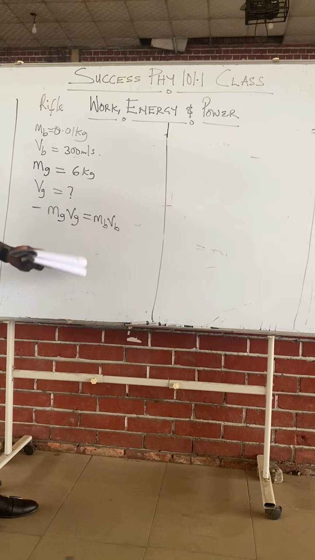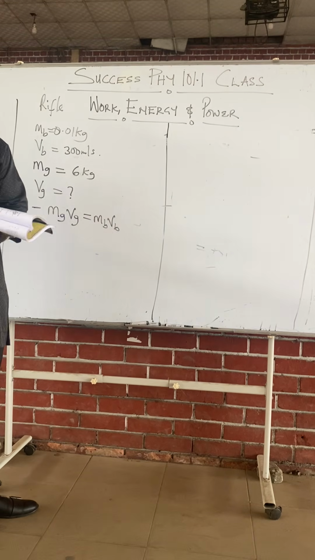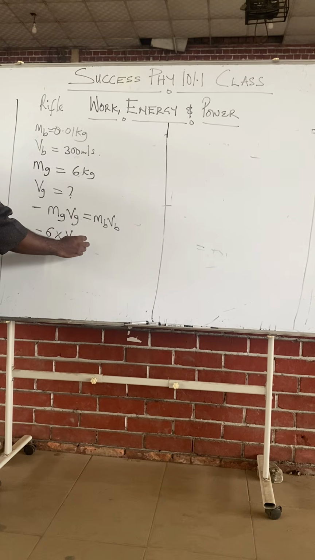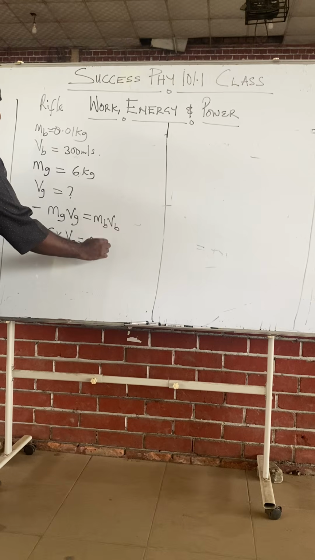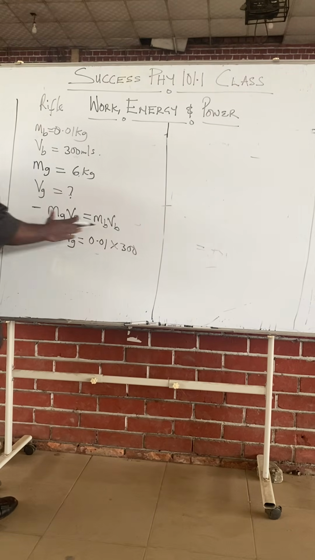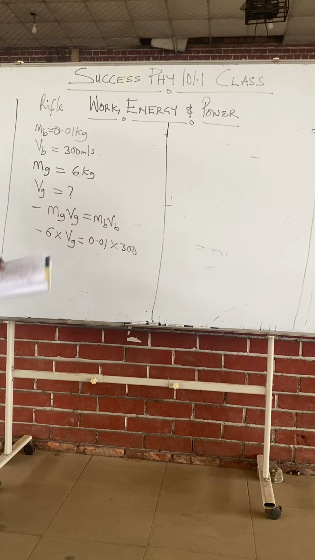The mass of the gun is 6 kg, the velocity of the gun is what you're looking for, the recoil velocity. Mass of bullet is 0.01 kg and velocity of bullet is 300.